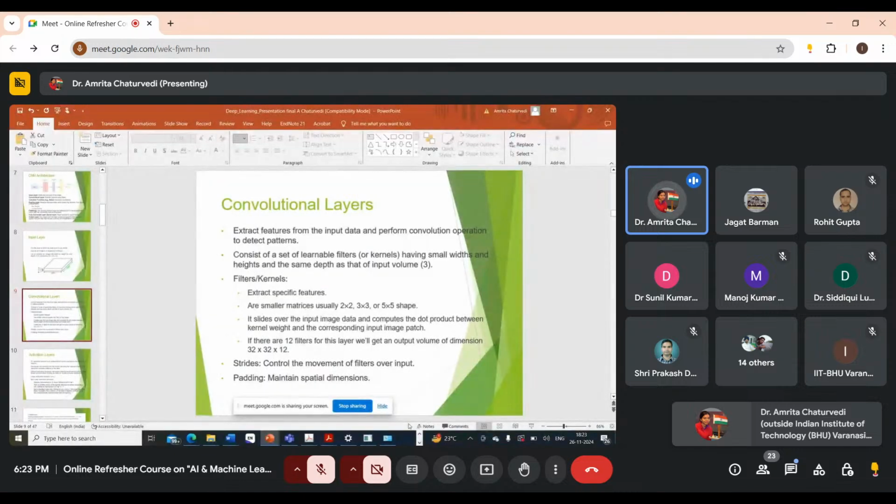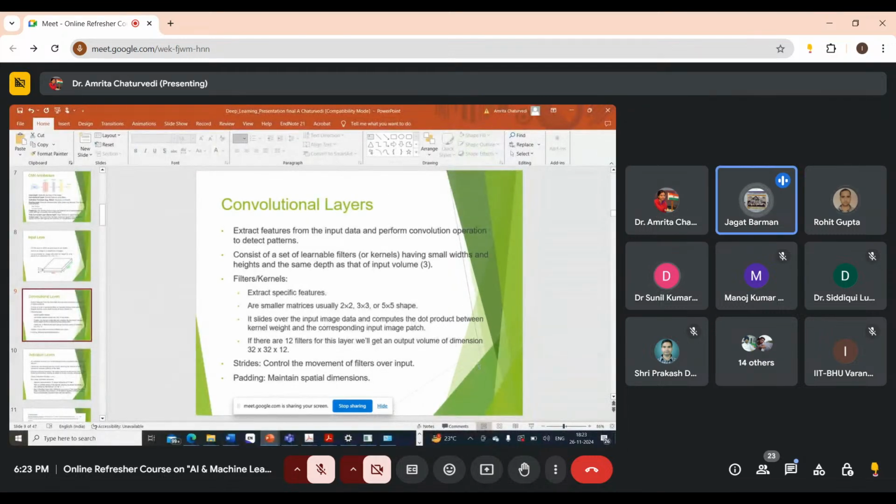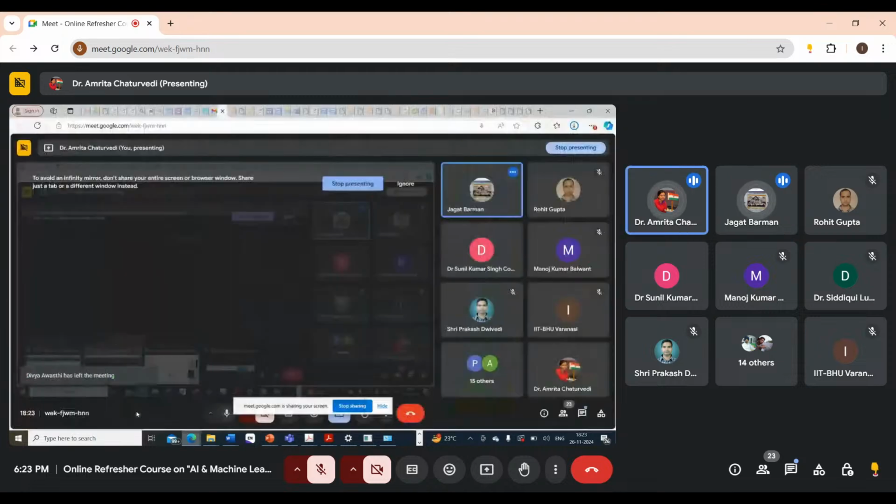Is the slide visible now? Not visible, ma'am. Please ask some other participants. It is not visible to me, ma'am. Yes, it is visible. Maybe you can check your internet connectivity. Okay, to others, is it visible? Yes, visible. Okay, then I am rejoining.